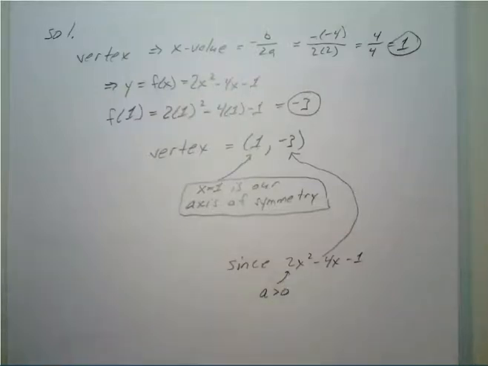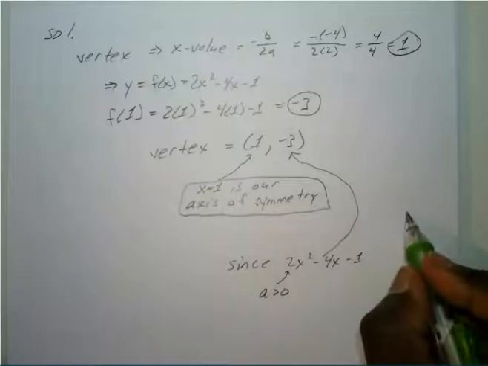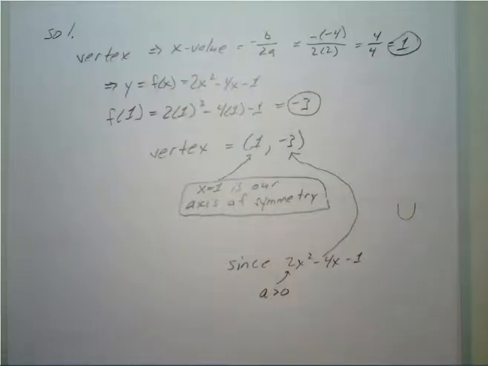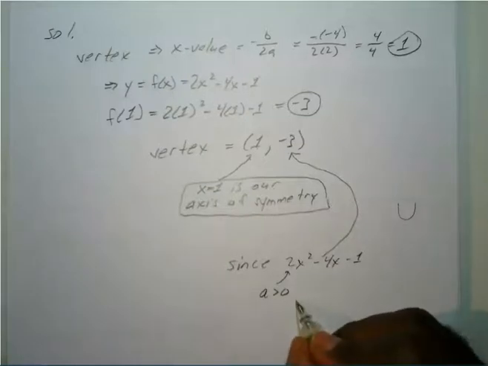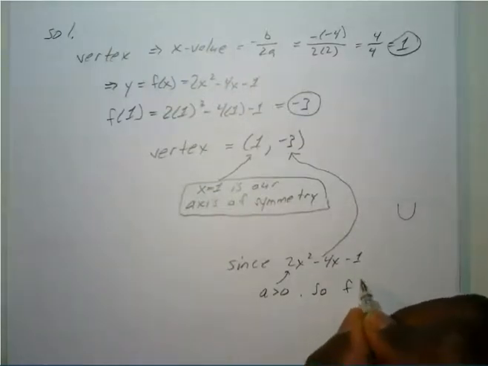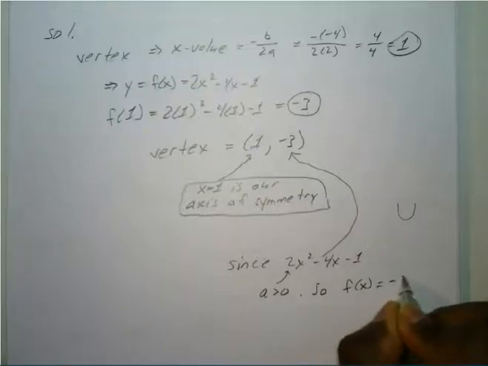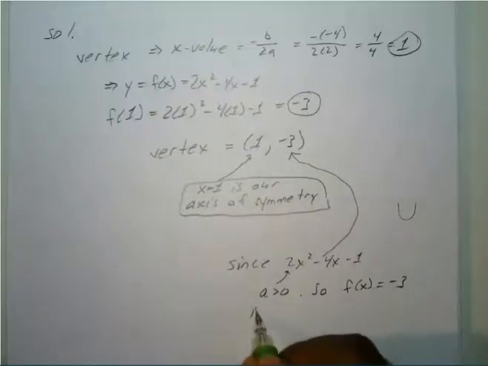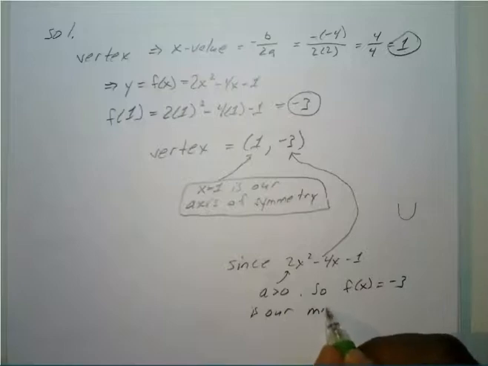Now, since a is greater than 0, we know that our parabola is going to open upward. So that means f of x equals negative 3 is our minimum value.